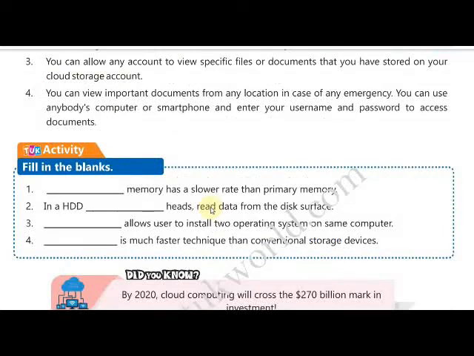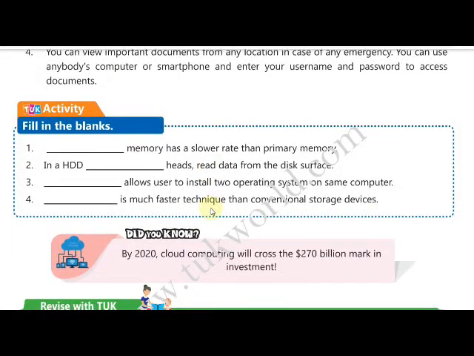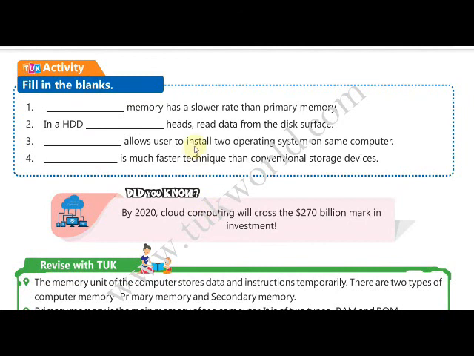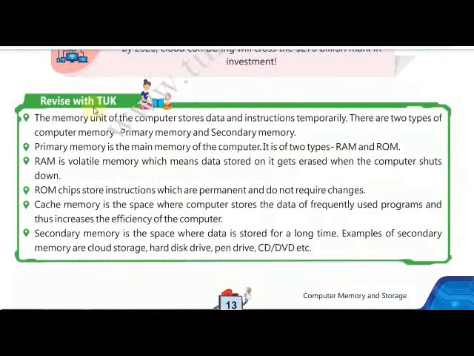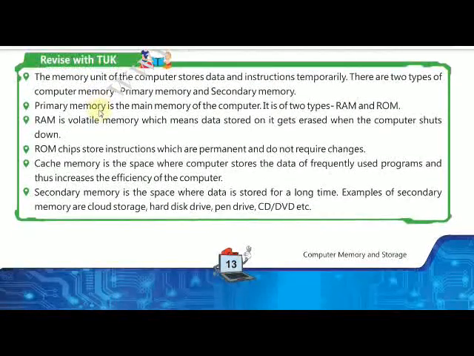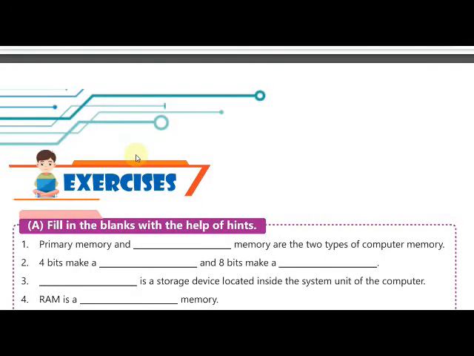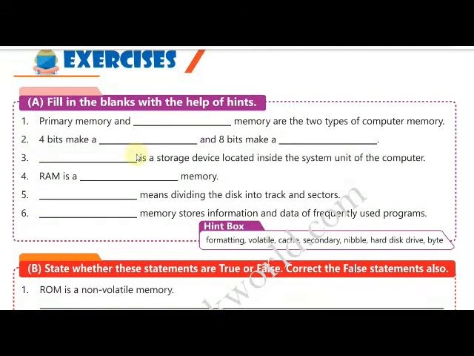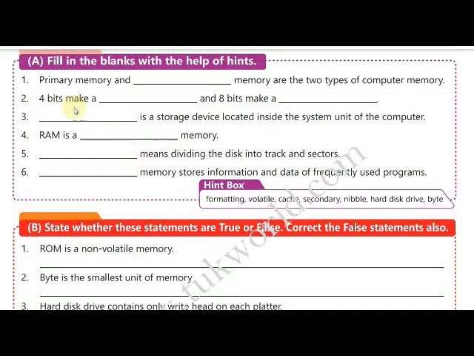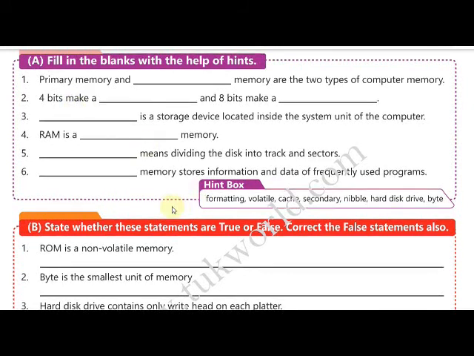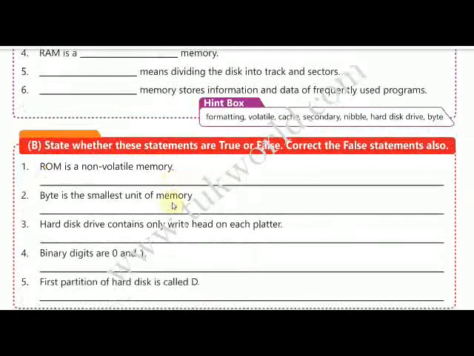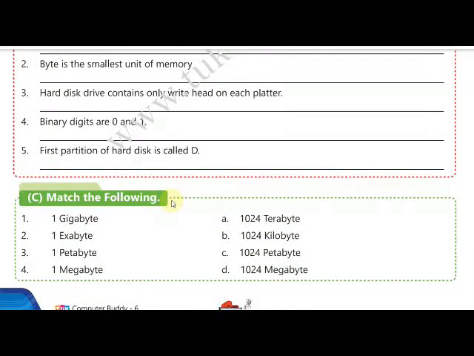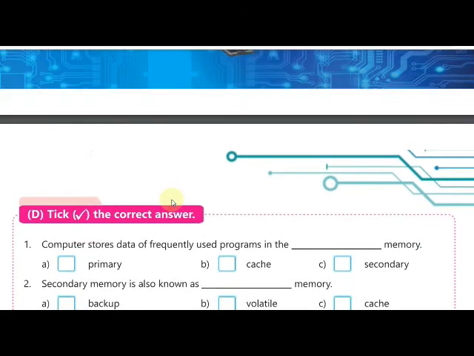Now after this you have to solve one activity. This is on page number 13. Over this chapter you have to complete this exercise in your computer notebook. First one, fill in the blanks, and hints are given here. State whether statements are true or false. Match the following. This is your exercise.